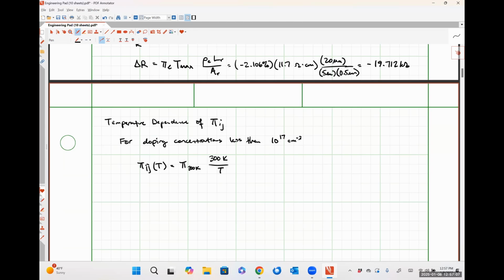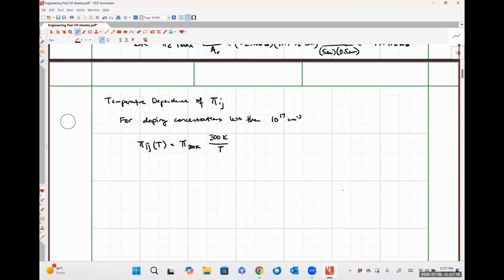This is a nonlinear dependence, but for small temperature changes around 300K, then we have what's called a temperature coefficient of resistivity.